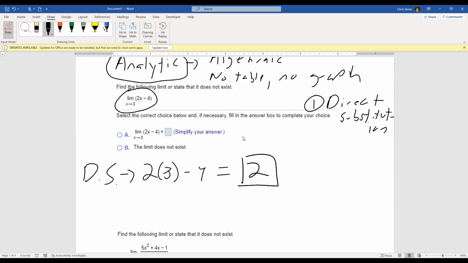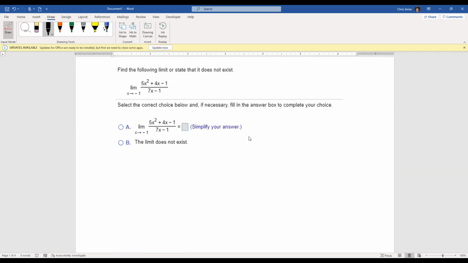Here's another, sneakier one. Some students might look at this and say I can't evaluate that because it's a rational expression. But the only time this rational expression is undefined is when x is 1/7. If you don't believe me, just solve that. Clearly, 1/7 is not -1, so we can just substitute.